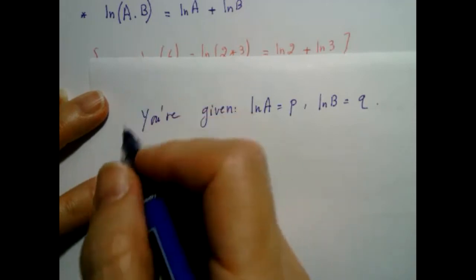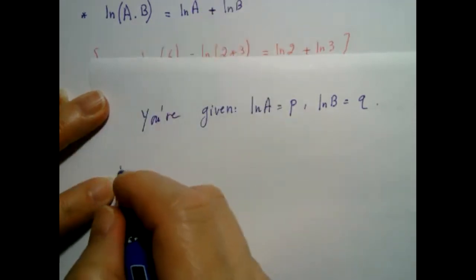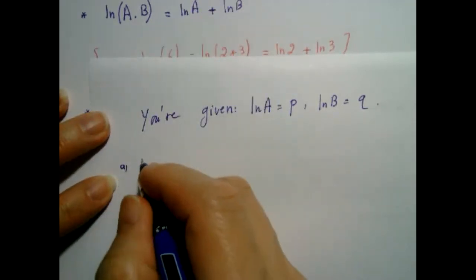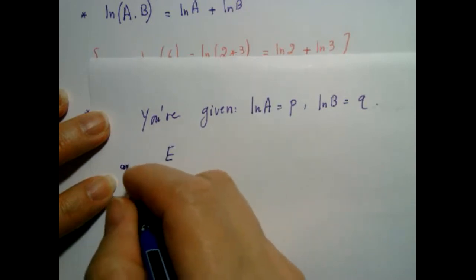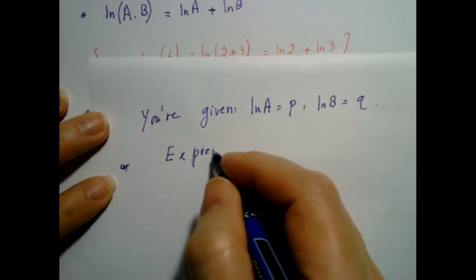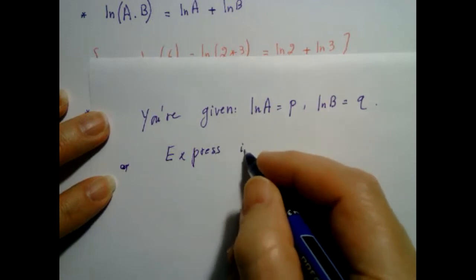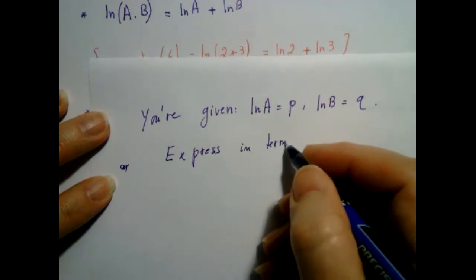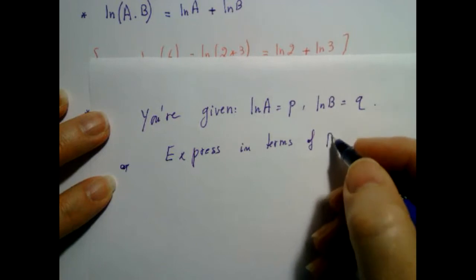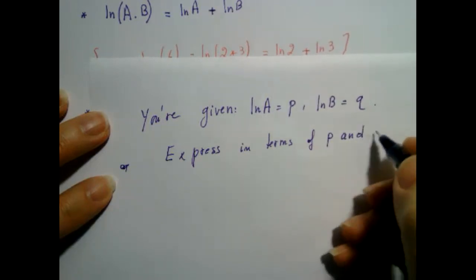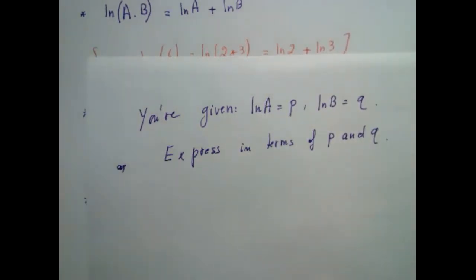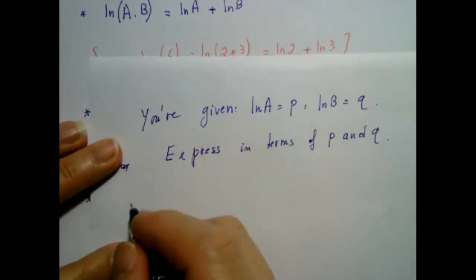My question is the following: use those properties to express the following in terms of p and q. The goal of this exercise is really to practice those properties carefully. All right, A.